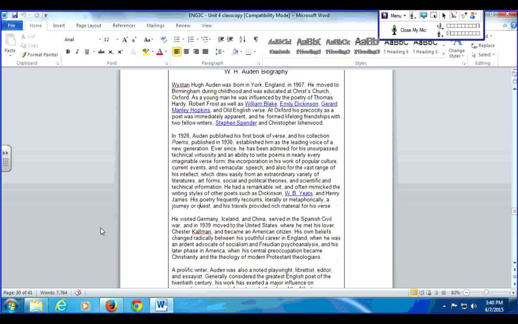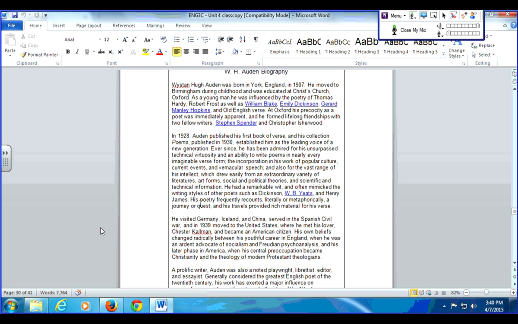So Winston Hugh Auden was born in York, England in 1907. He moved to Birmingham during his childhood and was educated at Christ Church, Oxford, which is a different college or different campus of Oxford University.